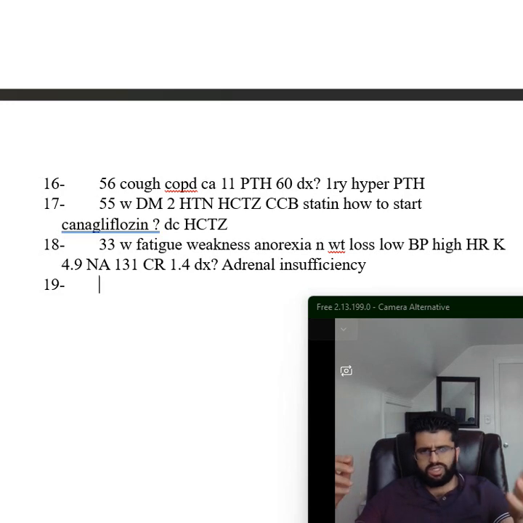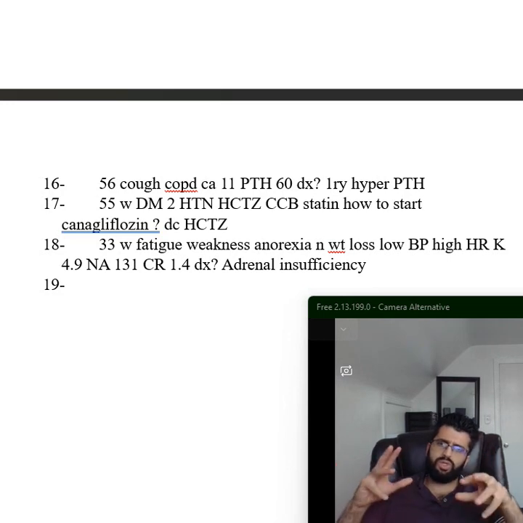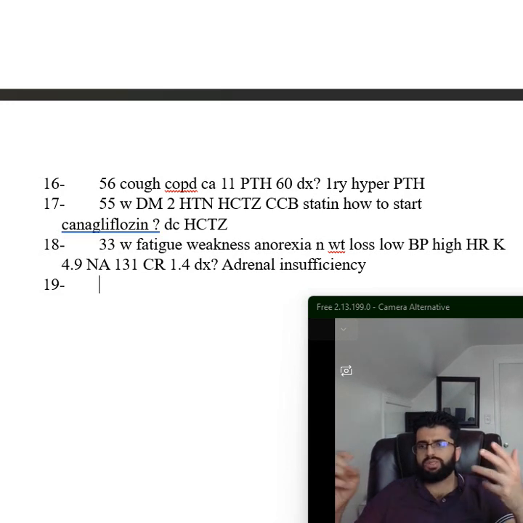How does it present? Like in this case: fatigue, weakness, anorexia, weight loss. You have GI symptoms like nausea, and postural hypotension, blood pressure drops because you don't have cortisol, you don't have aldosterone. It can also be associated with hyperpigmentation or vitiligo. Hyponatremia and hyperkalemia are typical and may lead to acute adrenal crisis, with abdominal pain, shock, fever, altered mental status.